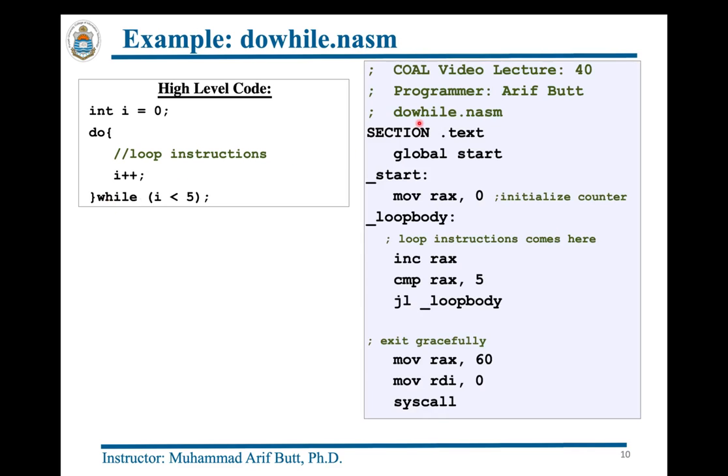This is one possible way of implementing the high-level code using assembly language. Note the RAX register. This represents the loop counter, that is I, initialized with 0.